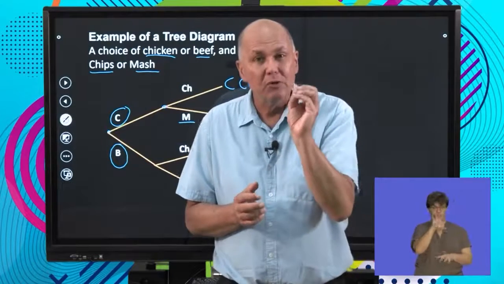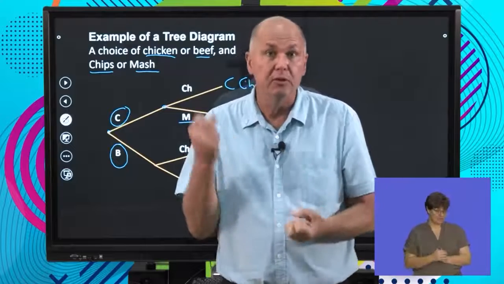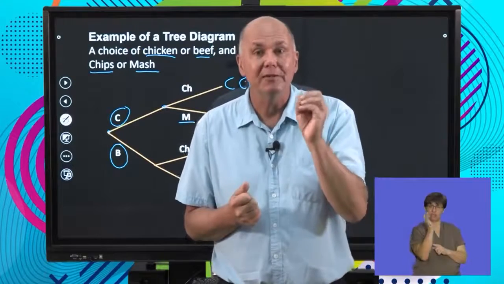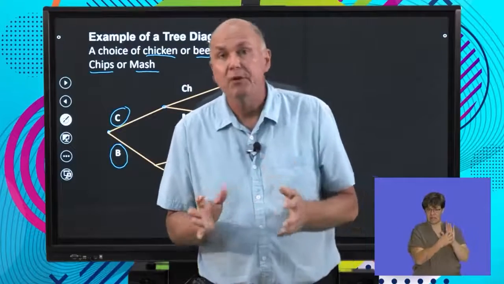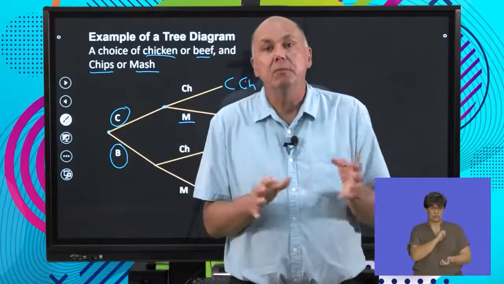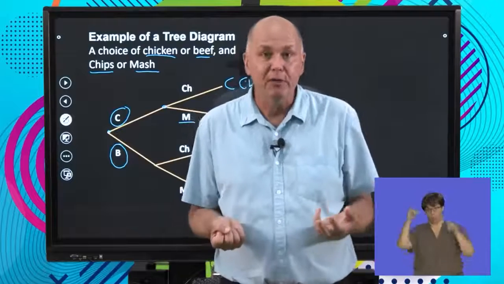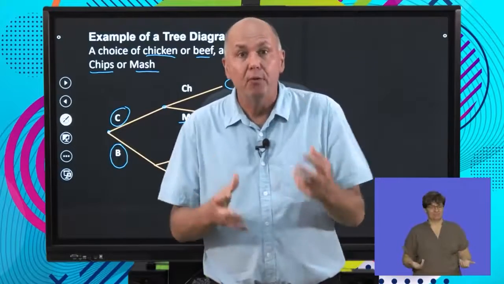Now, what's also very interesting is that when we get problems to solve with tree diagrams, we're often given different probabilities, because there's no chance, really, that most people will choose chicken or beef. It won't be a 50-50 chance. It will be some probability.